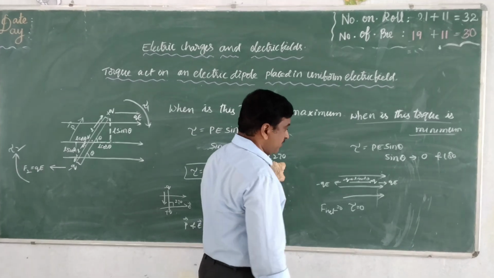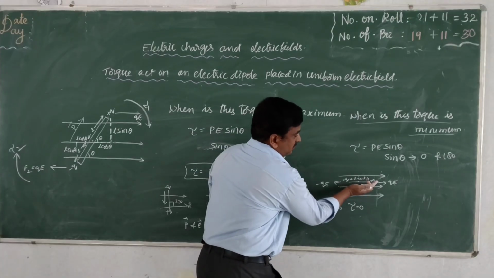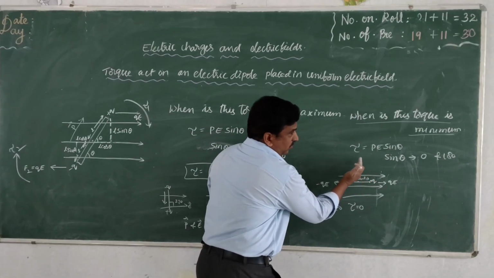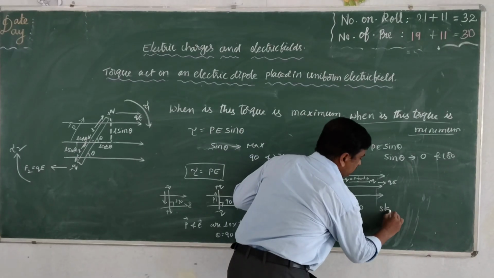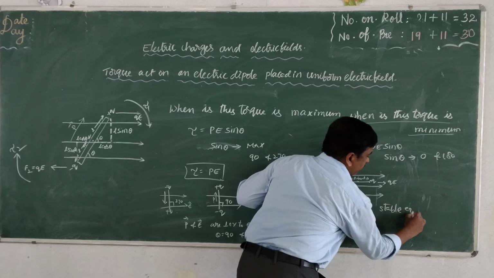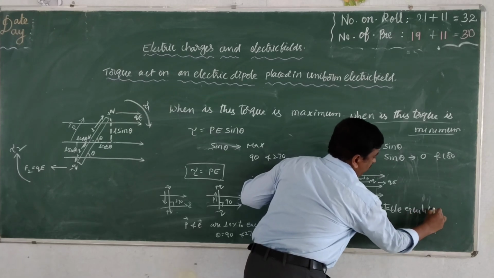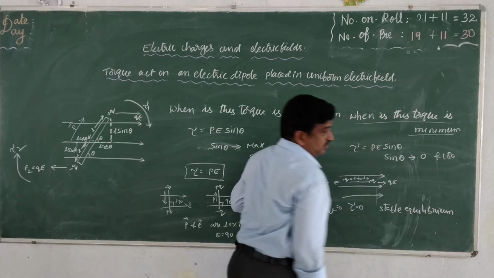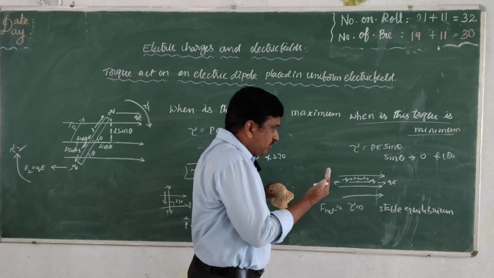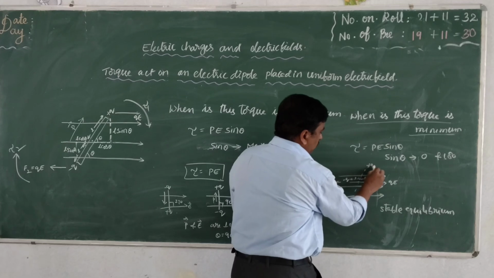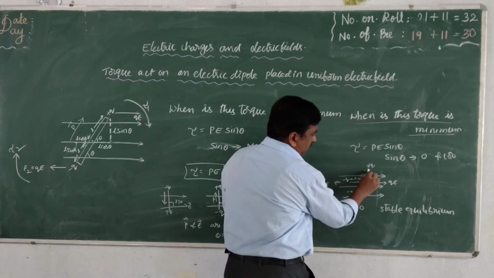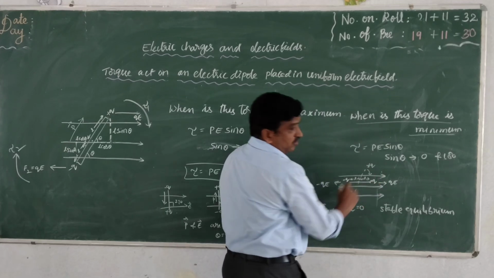In this case, see here, if you slightly displace it, what happens? It will get back to its original position. That's why we can call this stable equilibrium. Slightly displaced like this, here plus q, here minus q. What happens now? Torque is acting and again it gets back to its own position.